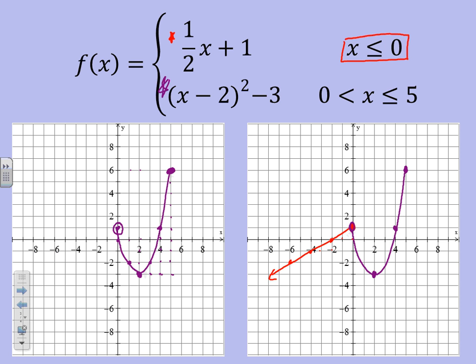But because it's less than or equal to 5 for the quadratic, well, we can't be greater than 5, so we have to stop right there. And so both of these together is what the final graphed solution would be for this particular piecewise function.